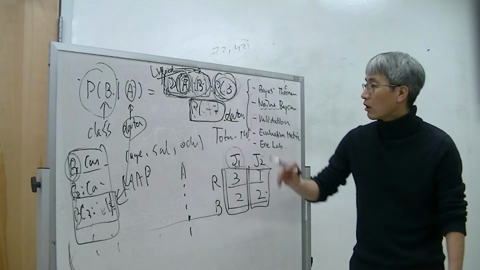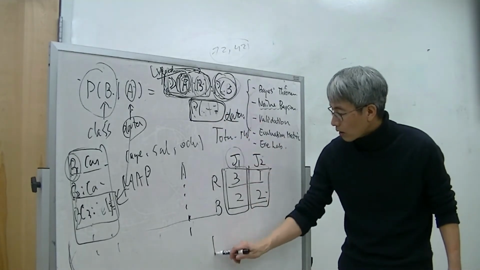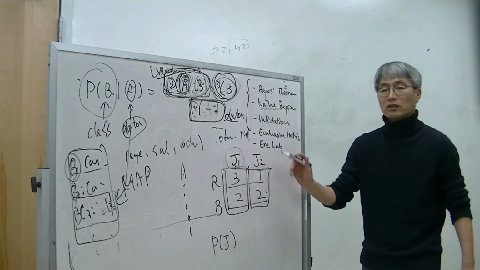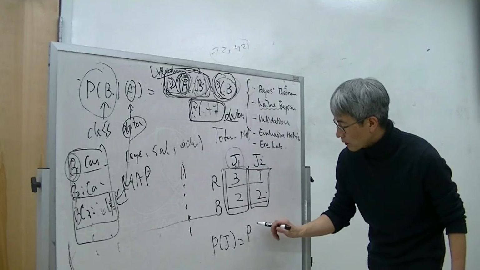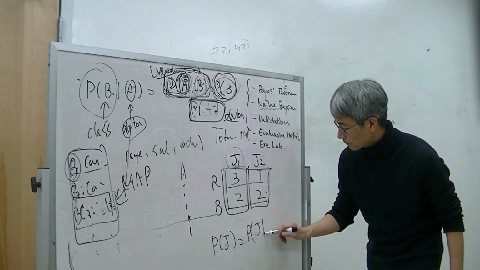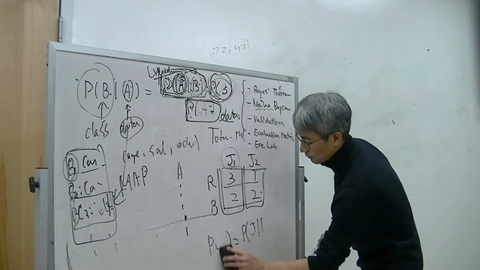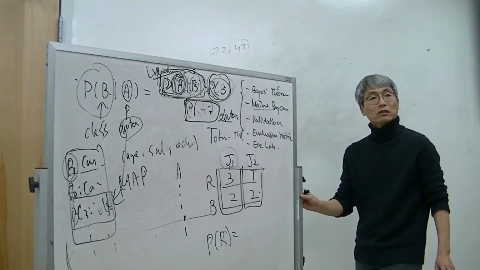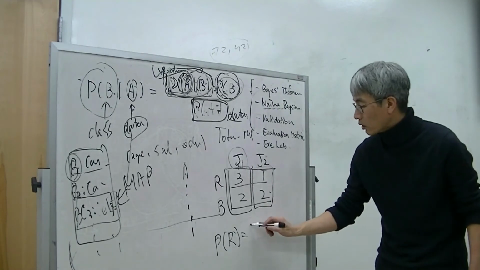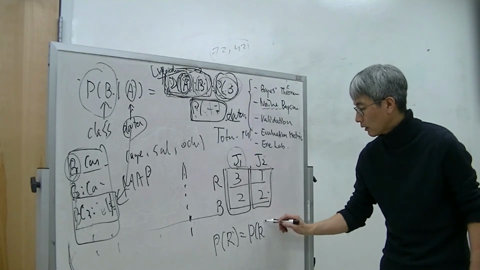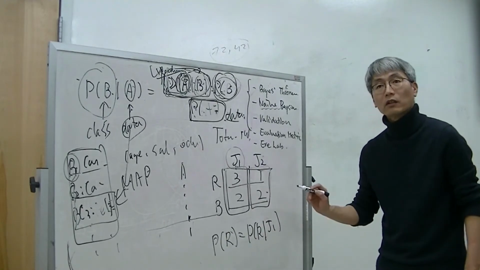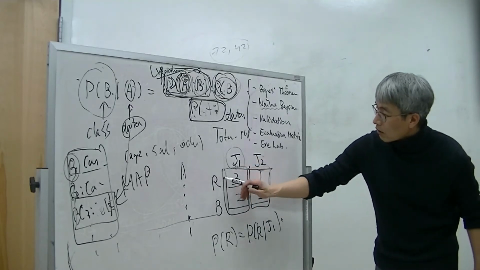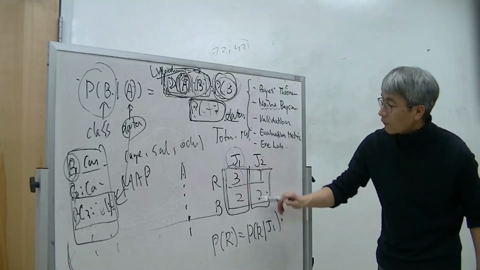At that time, the total probability of the selected box is actually P of red. The probability of red is actually from J1, right? You can select the probability of red from J1.